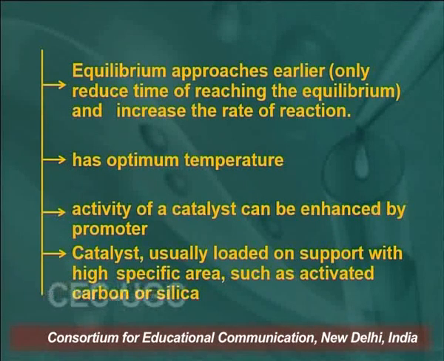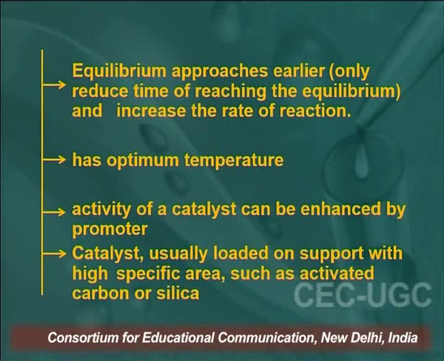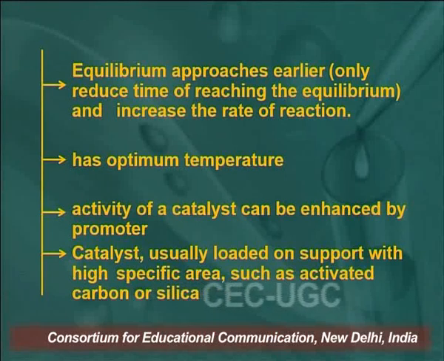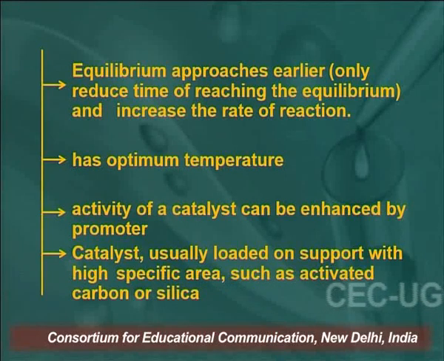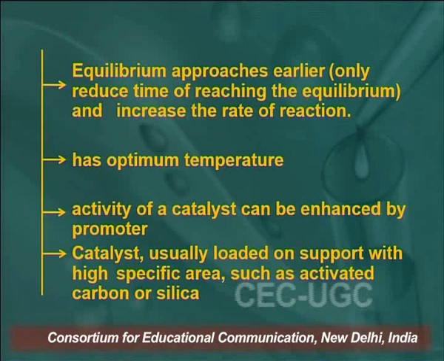When we use the catalyst, it speeds up the rate of reaction and the equilibrium approaches earlier. So it only reduces the time of reaching the equilibrium and increases the rate of reaction. It also has an optimum temperature. We don't require high temperature when we use catalyst in the reaction.